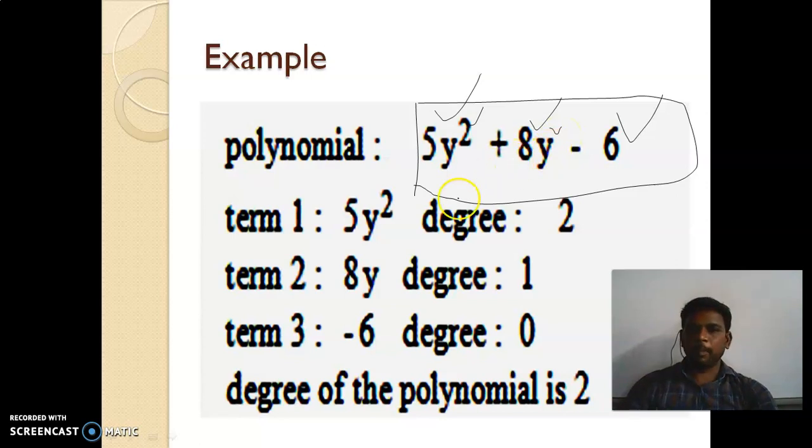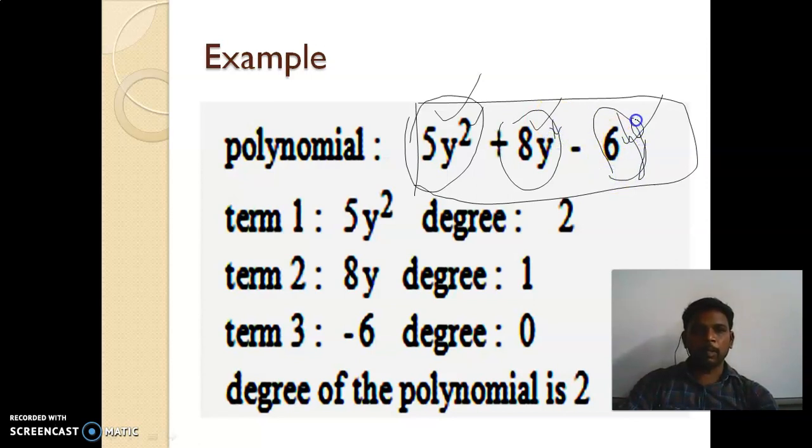Right. So from the polynomial, what about the first term? What about the power of the variable in the first term? 2. And the power of the variable in the second term? 1. And in the third term, the variable is not there, but you can take y to the power 0, because anything to the power 0 is 1.